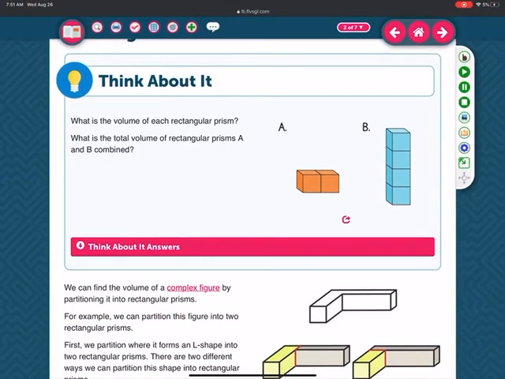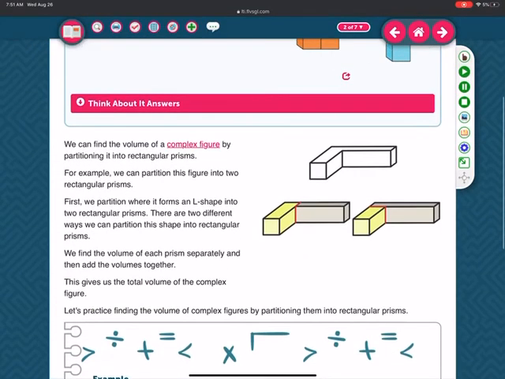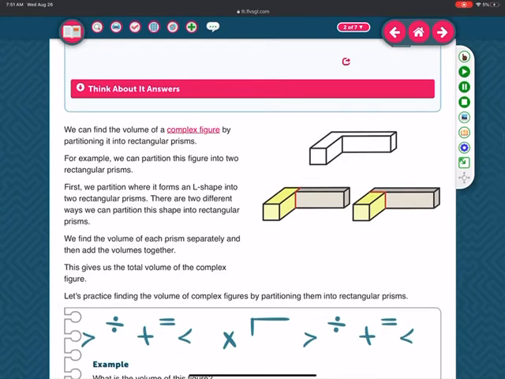Okay, so this is what we're doing. We're finding the volume of complex figures, okay? So this figure down here, this one that we see with the yellow and the gray, that figure looks like an L. And if we were just to see that, we would say, okay, I don't even know how to get that volume, right?